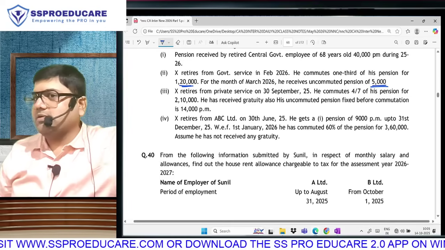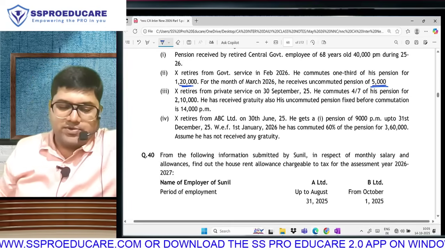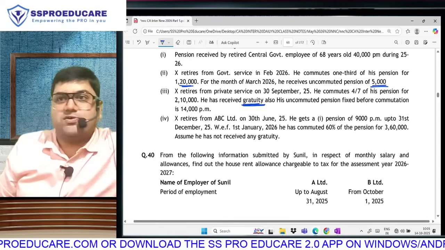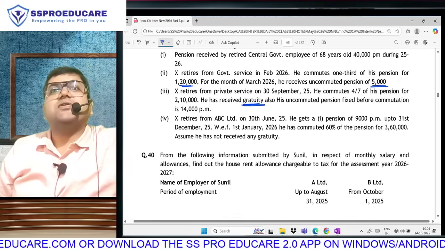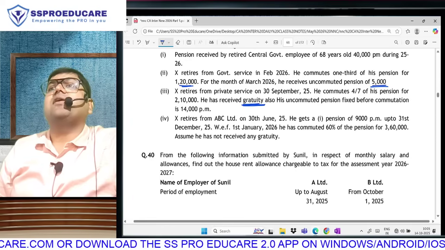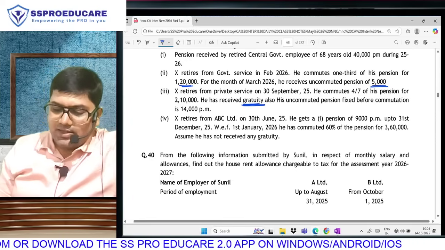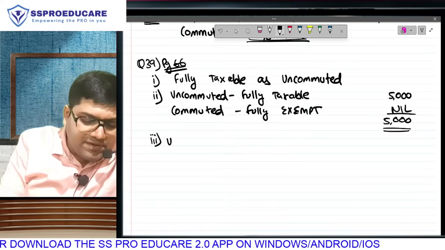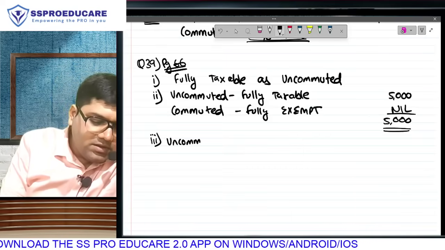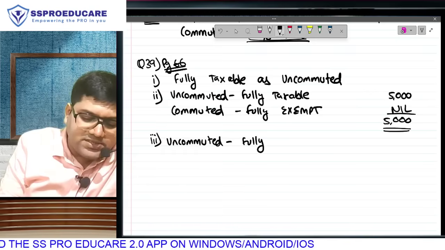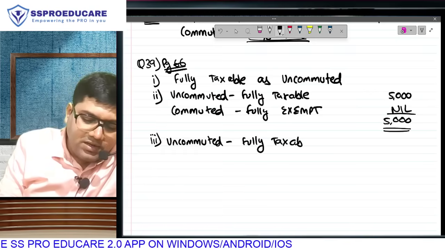That means he has taken some uncommuted amount also, some commuted amount. Because it is private sector, this time they will always give you whether gratuity is received or not. Because gratuity is received, that means 1/3 of the commuted value will be exempt. But then at least the easy part of every calculation is going to be uncommuted, because you don't have to do any calculation. Whatever you have received is going to be fully taxable.